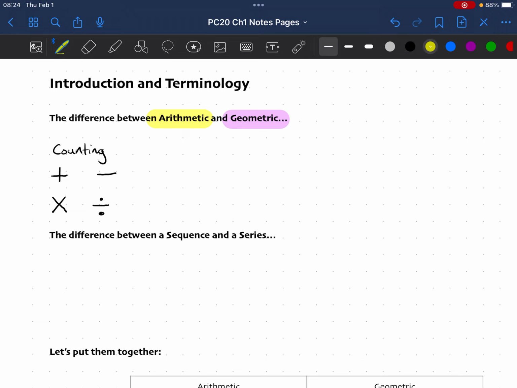But when I use the term in this unit arithmetic, I am referring to adding and subtracting. So this is arithmetic. Arithmetic refers to adding and subtracting. And when I use the term geometric, I'm referring to multiplying and dividing. So this is geometric.